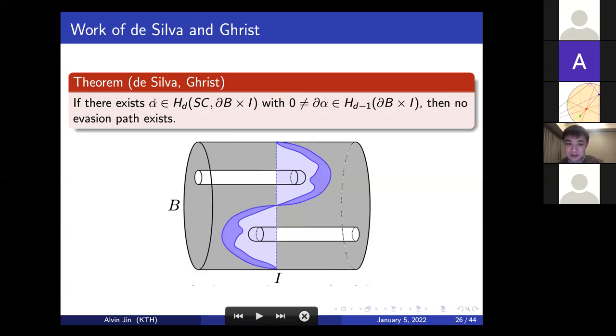And this alpha being here means that it's a special type of hole that separates the two sides of the cylinder. This is called a relative homology.